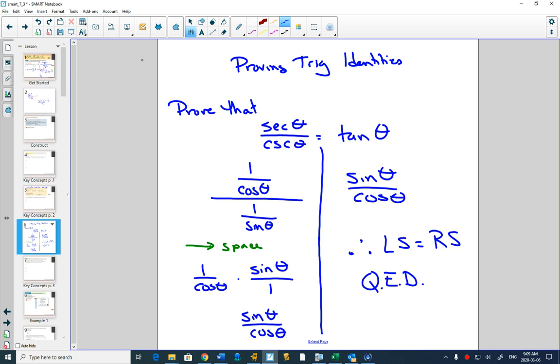I like to end my proofs with a little square box that I shade fancy. There we go. Because you'll see in some textbooks when they're finished a proof, they have a little symbol at the end to say that it's done. You'll see in some magazine articles that when they're finished, they have a symbol for their magazine that they put at the end.